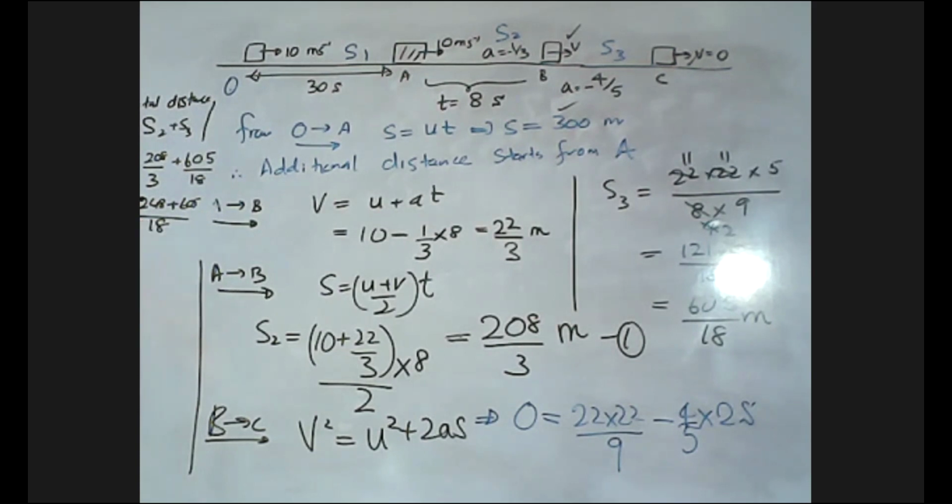So the total distance travelled means 1853 over 18. So 1853 over 18 is approximately 13 meter. Approximately 30 meter.